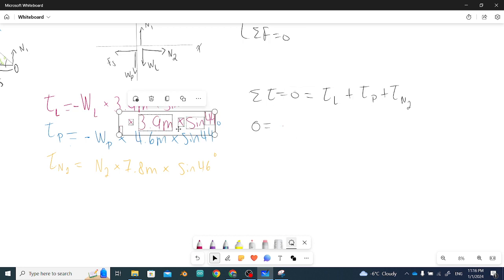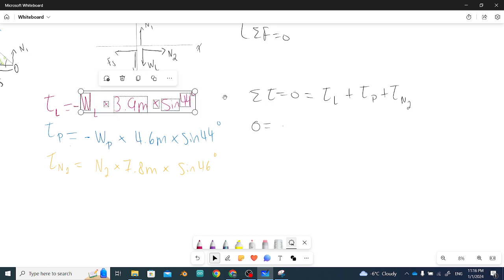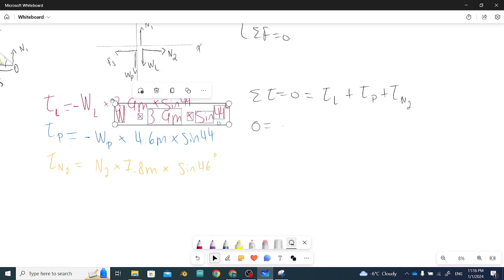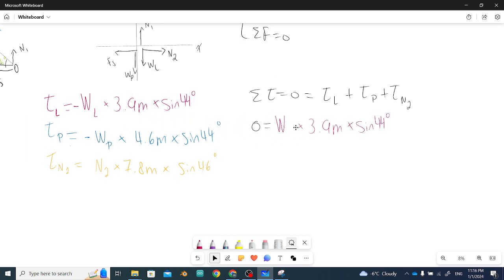Whoops, forgot something. So lasso tool, everything. Let me just fix it up real quick. It's minus. And then also take that.